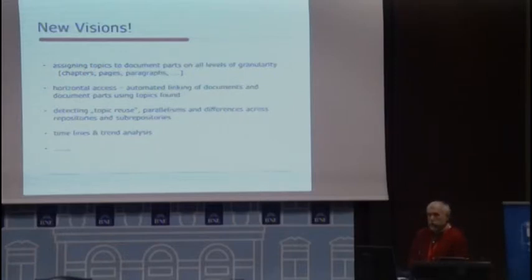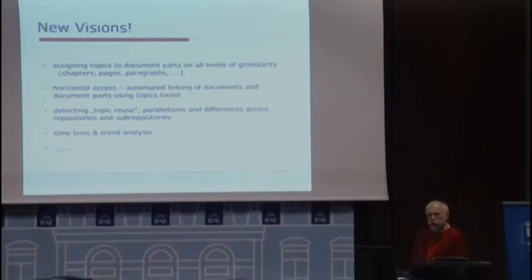And this could lead to a kind of horizontal access to documents where we move from one topic found in one document to the same topic found in another document, and where we use topics found in document parts to link these document parts, and across repositories we could use these techniques to detect kinds of topic reuse.